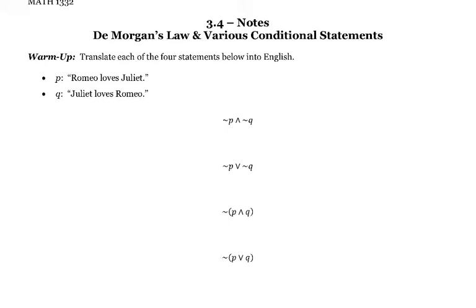So, starting off, we have P is Romeo loves Juliet, and Q is Juliet loves Romeo. So we're going to translate each of these four statements into English. So we have not P and not Q. So that would be Romeo does not love Juliet, and Juliet does not love Romeo.